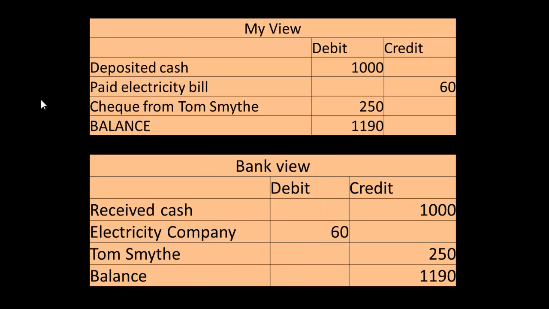It receives £1,000 cash, so that's a liability. It pays out £60 to the electricity company, so that reduces the liability. Then you pay in the cheque from Tom Smythe for £250, which increases the liability, and at the end you're still going to have the same balance of £11.90, except that your view is that it's a debit of £11.90, the bank's view is that it's a credit of £11.90.